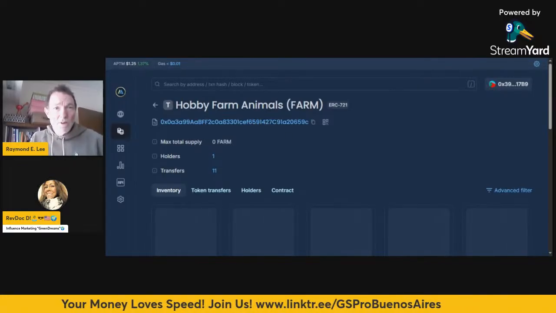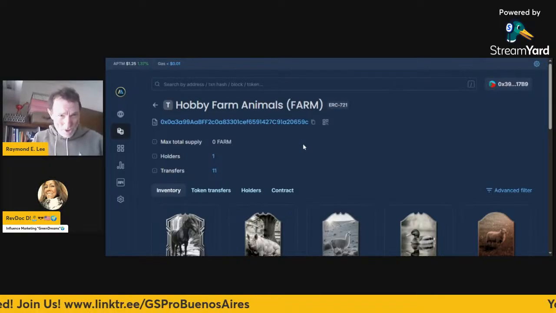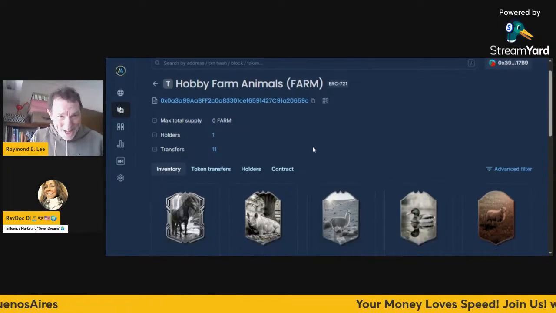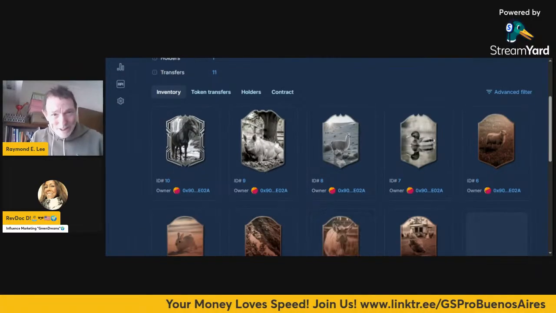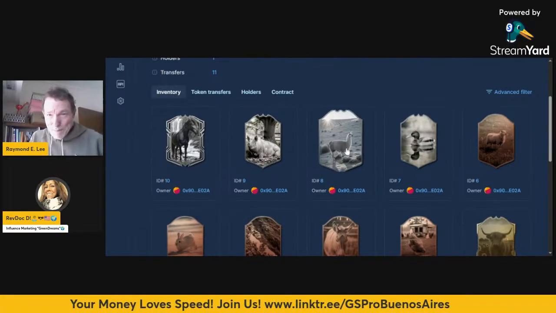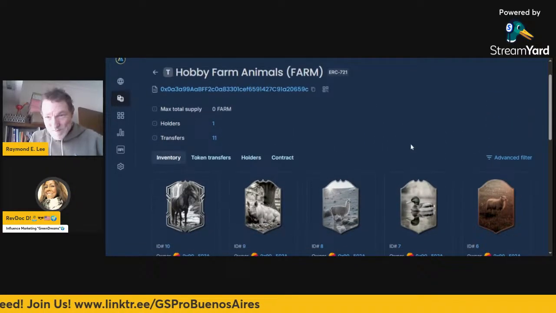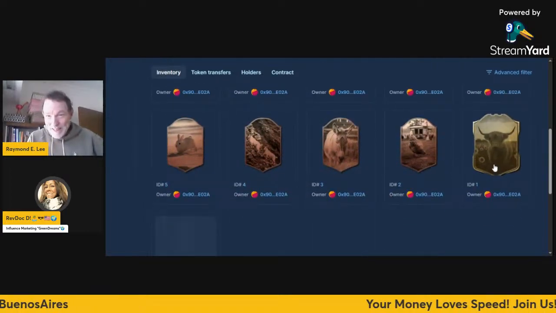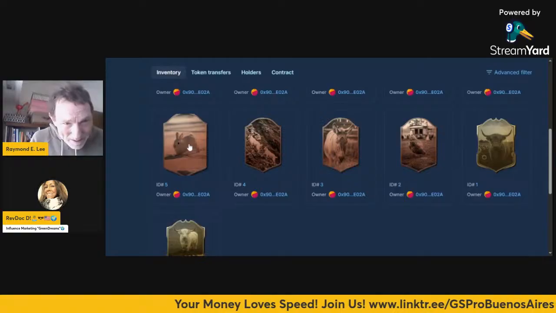We do have hobby farm animals here. We've got one person who holds these. We got a horse NFT, a pig, a llama, a duck. Is that a sheep? It's hard to see. Is it a goat? That's a rabbit.